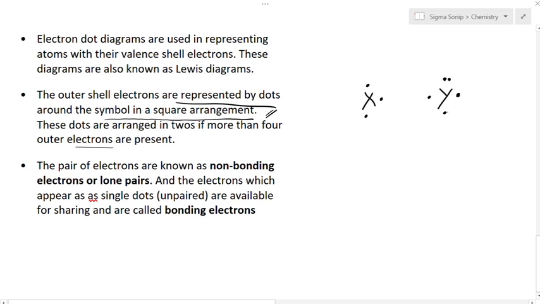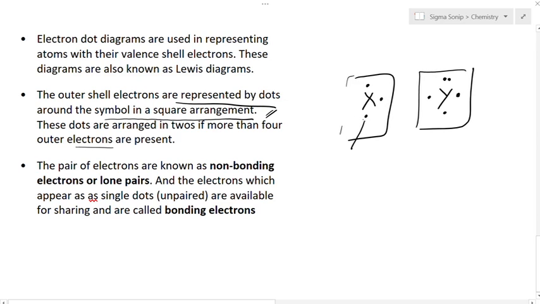One thing about these diagrams is that we are in fact looking at the octet rule, and the octet rule says that whenever atoms are trying to make bonds, they want to get a full octet in their valence shell. Now out of these electrons, we have 2 different kinds of electrons here.